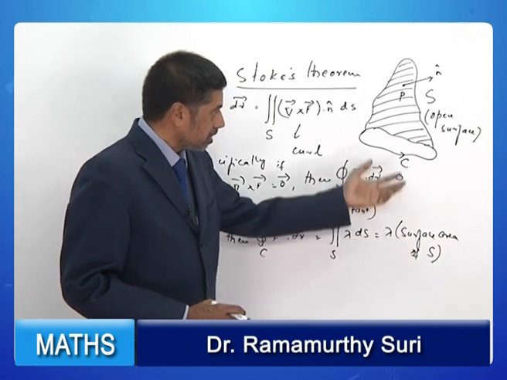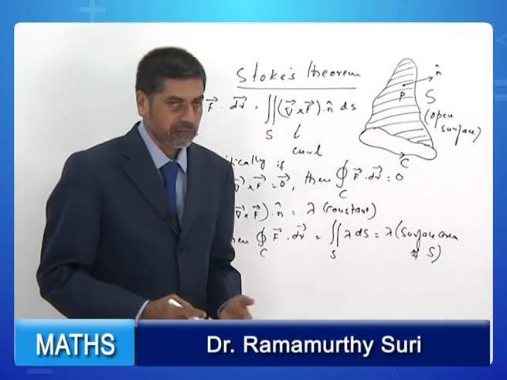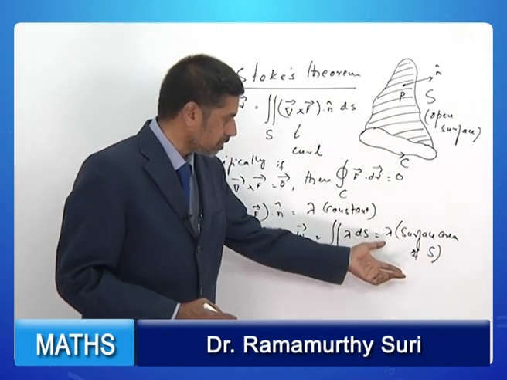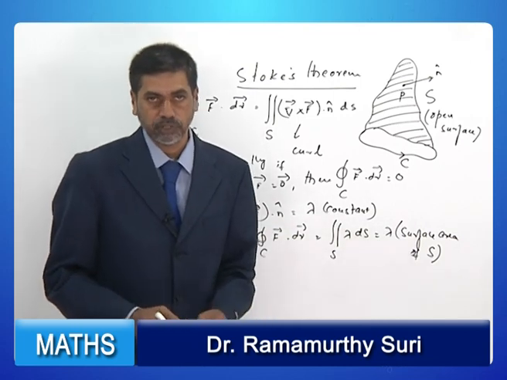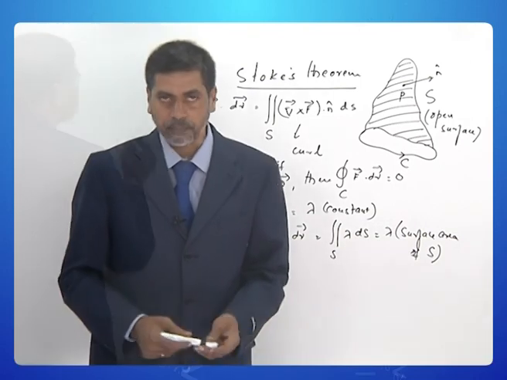Otherwise, if the surface is some other surface, then you have to produce this result using actual classical integration. So let us now get into problems on the Stokes theorem.